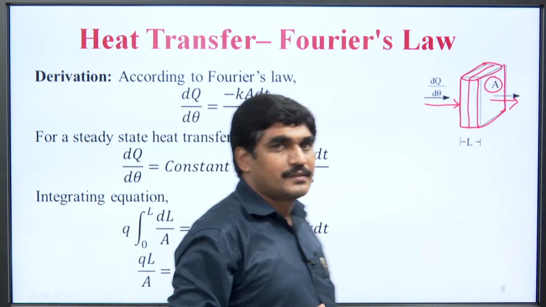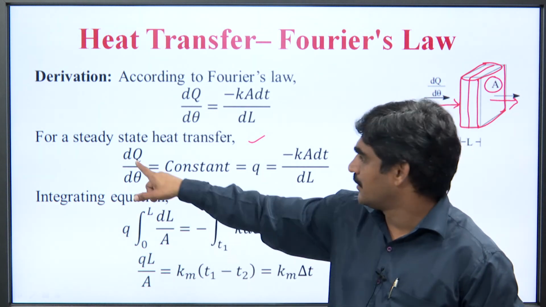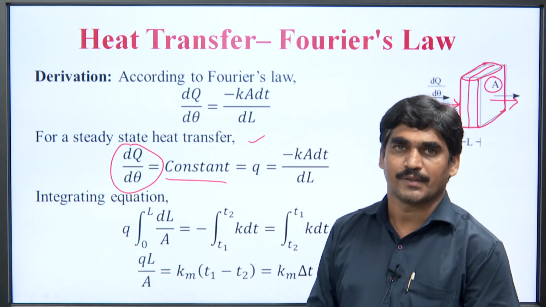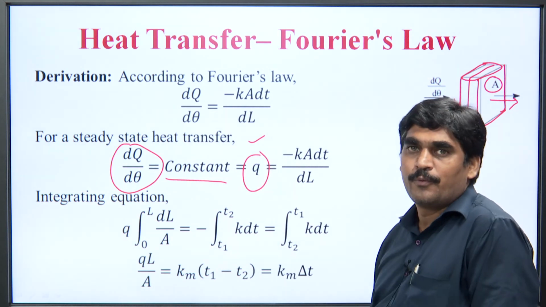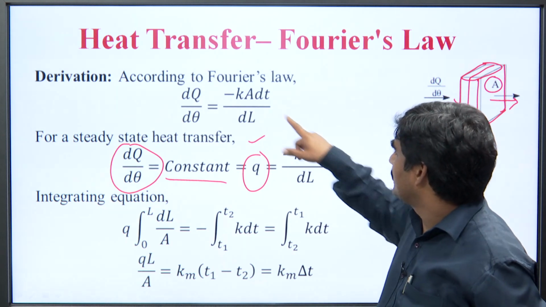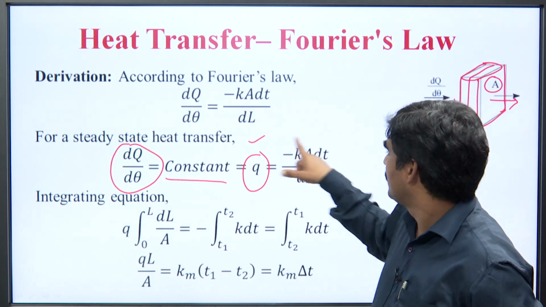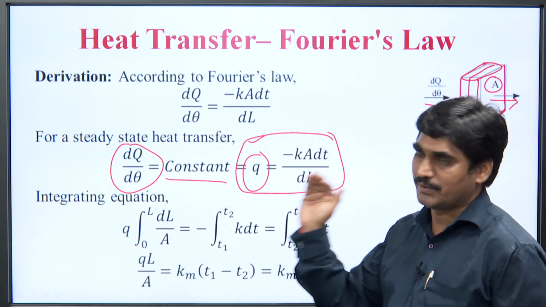So, for a steady state heat transfer, dQ by d theta is equal to constant, okay, that is equal to small q. So, this is equal to minus k A dT by dL. Now, integrating this equation on both sides.